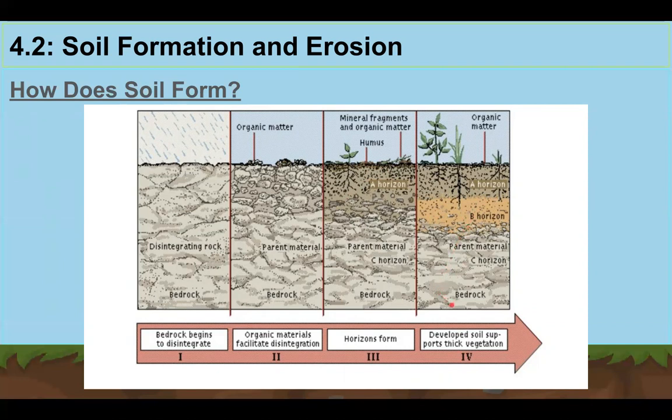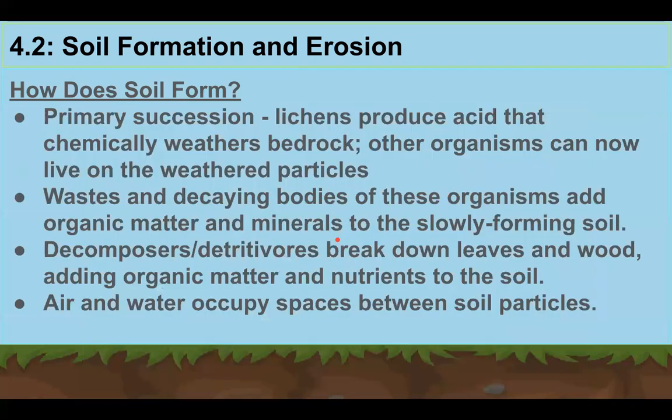We still have the bedrock down here, but instead of being completely rock, a lot of that has broken down to form the soil that we have here. So primary succession uses this process, the weathering processes that will break down the bedrock and start to form the soil.